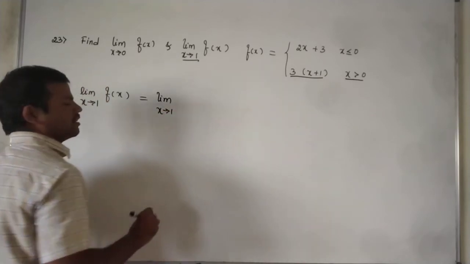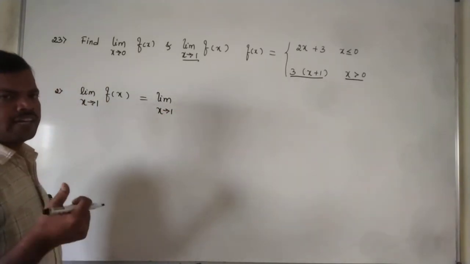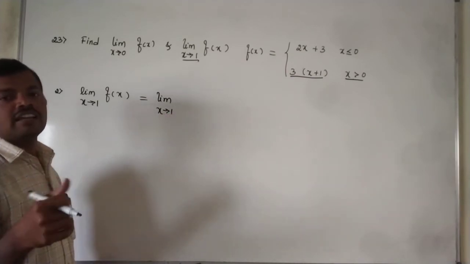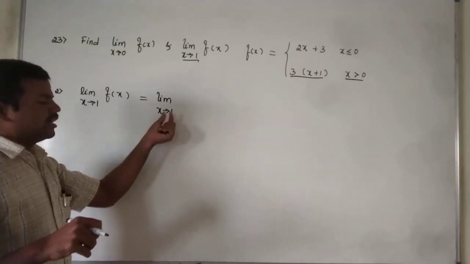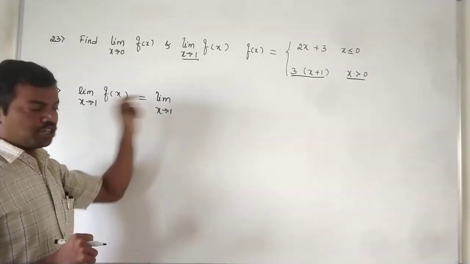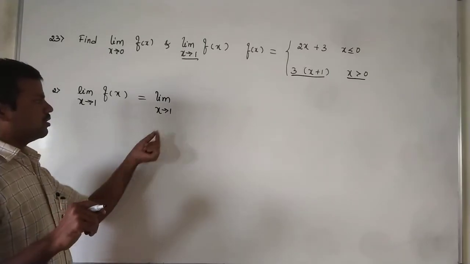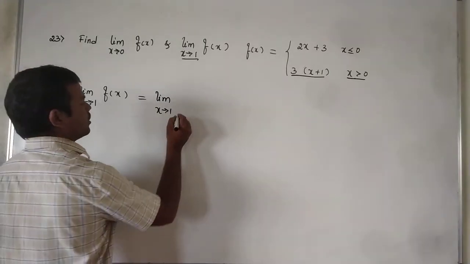So for this there is no necessity to find the left hand and right hand limit. Why? Because for this point they have not given the inequality. They have given 0 as the inequality point, so we consider left and right there, otherwise it is not necessary.